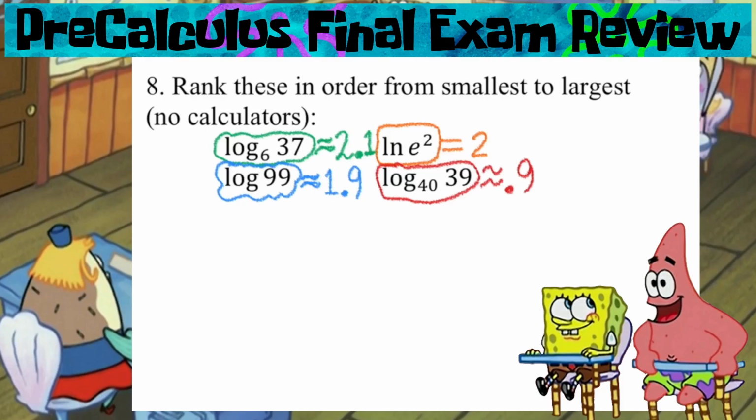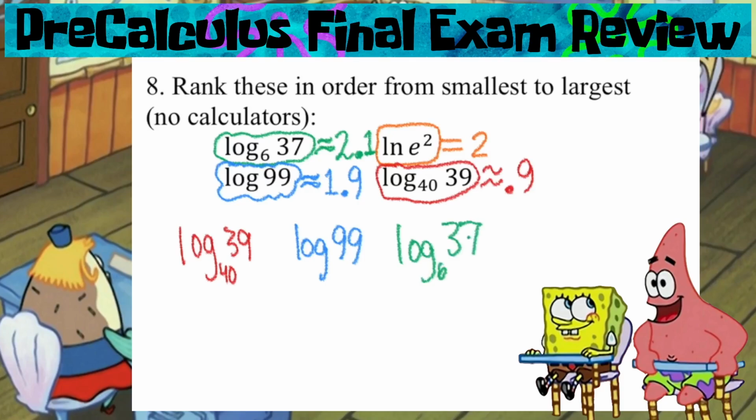So what are these in order from least to greatest? We have log base 40 of 39. After that, we have log of 99. After that, we have ln e squared.